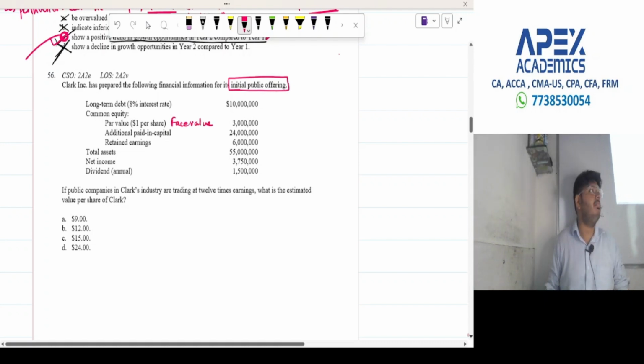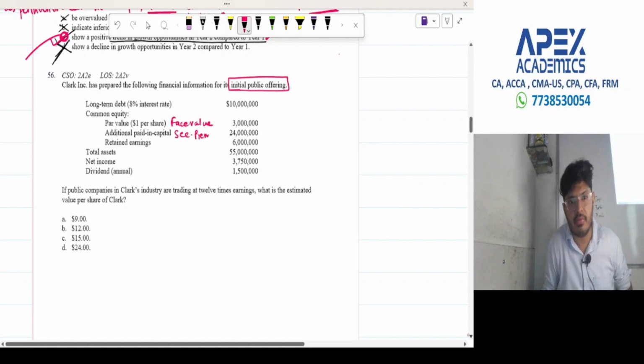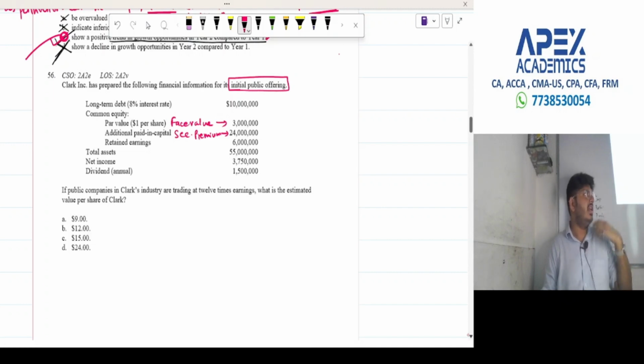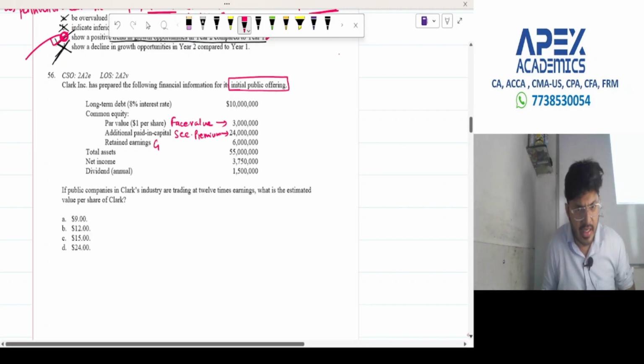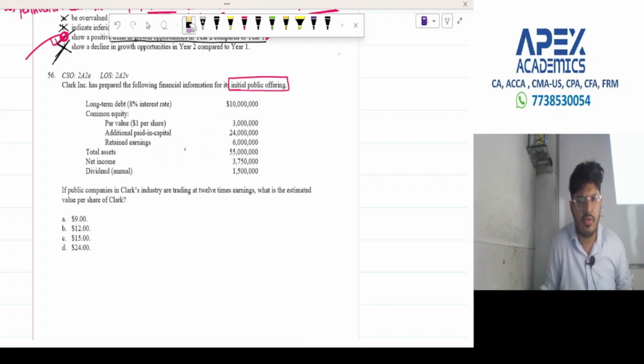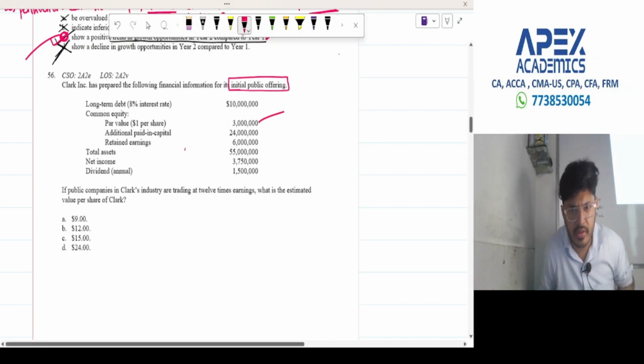Sir, additional paid in capital, मतलब क्या? इंडिया में इसे सिक्योरिटी प्रीमियम कहते हैं। व्हाट डू वी कॉल इन इंडिया? सिक्योरिटी प्रीमियम। रिटेन अर्निंग्स, सर रिटेन अर्निंग मतलब जनरल रिजर्व, कैपिटल रिजर्व, पीएनएल, फलाना ढिमका। तो सर इधर एग्जाम्पल के तौर पे लिख देते जनरल रिजर्व, कैपिटल रिजर्व, पीएनएल एक्सेट्रा। This is face value.